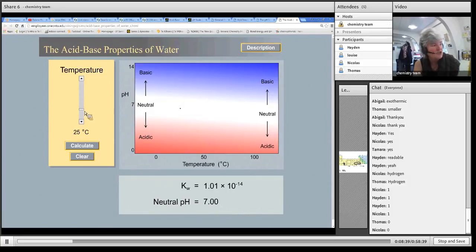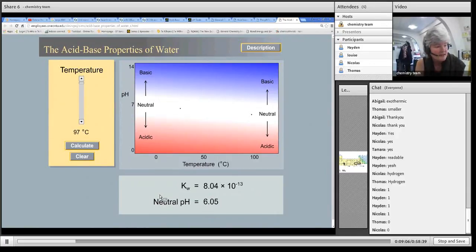If I increase my temperature, and I calculate now, I'll make it close to boiling. Okay, notice what's happened to the pH. It's dropped to nearly 6. So boiling water does not actually have a pH of 7 even though it's totally neutral.